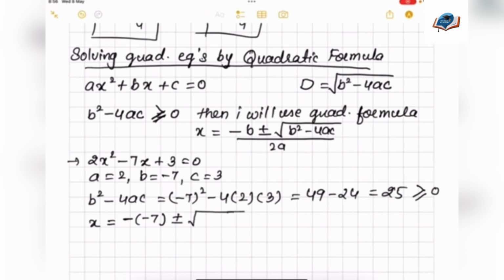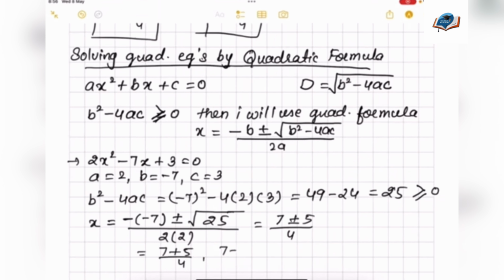So I am putting directly 25 upon 2 into 2. So minus minus plus. So 7 plus or minus 5 upon 4. So I have two solutions now. One will be 7 plus 5 upon 4 and other will be 7 minus 5 upon 4.